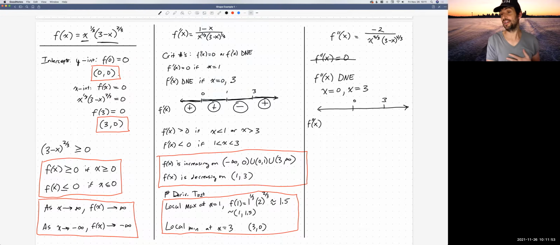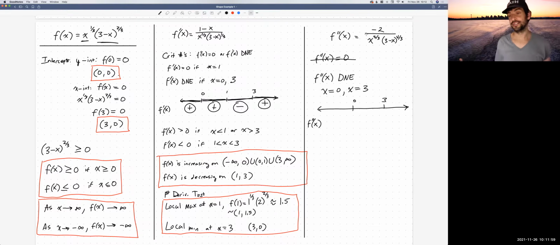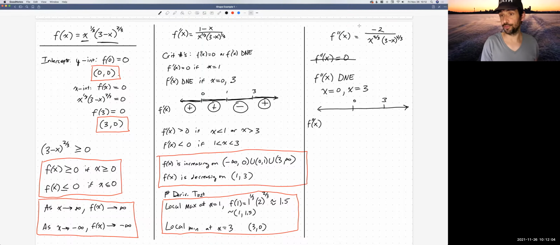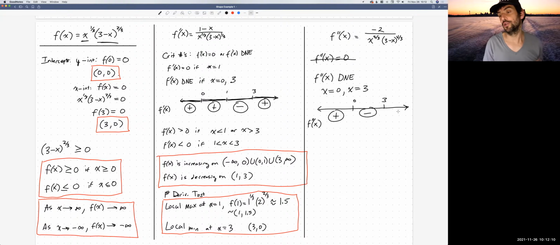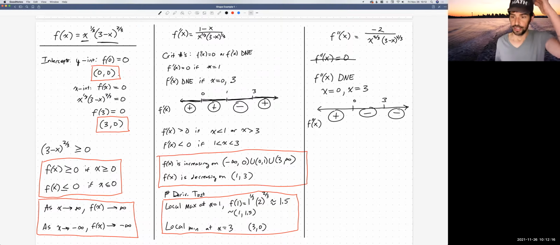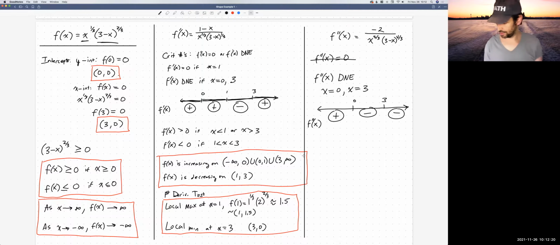If x is positive, we've got a negative numerator and a positive factor next to x, so a negative over positive is negative. If x is negative, we have a negative over negative, which is positive. So this is really simple to do. When x is below 0, we're positive. When x is above 0, in these other two regions, we're negative. Okay, so there are the signs of the second derivative: positive, negative, negative on these intervals.